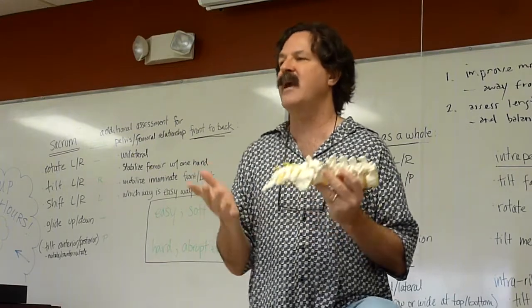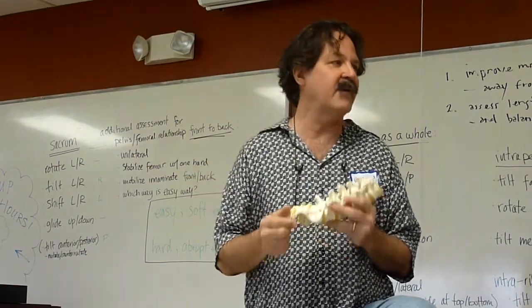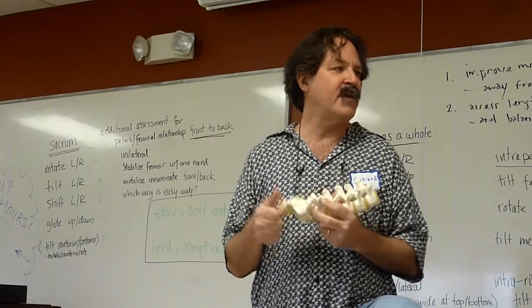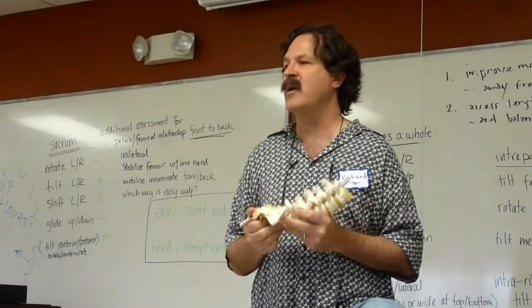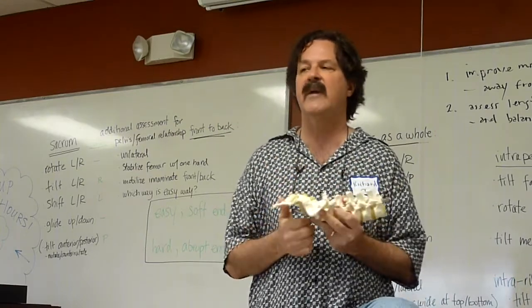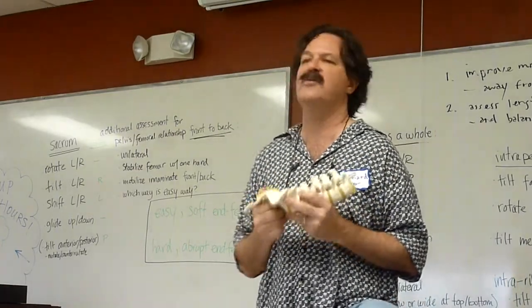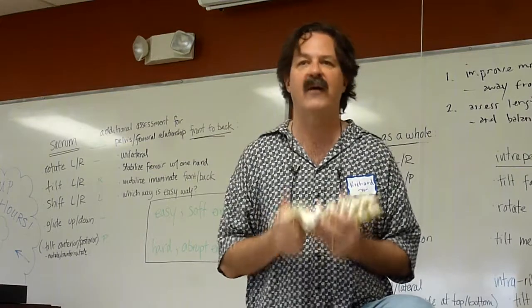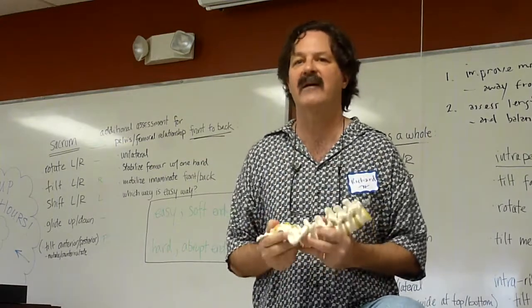Because the reason they were crooked, it's that phrase again, crooked and stiff. The reason they were crooked was that the facet joint was stuck. So what you're fundamentally trying to do is get the facet joint unstuck in the right place. But wait, it gets even better than that.